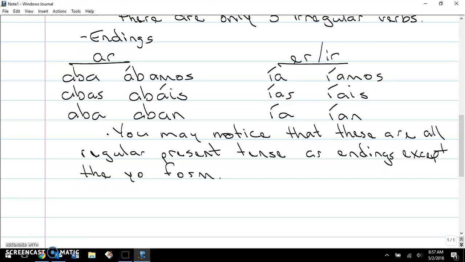So for AR verbs, as, a, amos, áis, an. ER/IR, as, a, amos, áis, and an. So for AR, you put an AB before the regular AR endings. For ER/IR, you put an accented I before the endings. The second digit of your code is a 9.